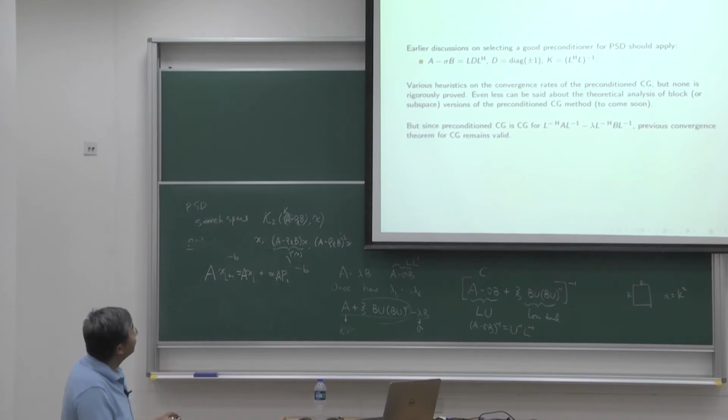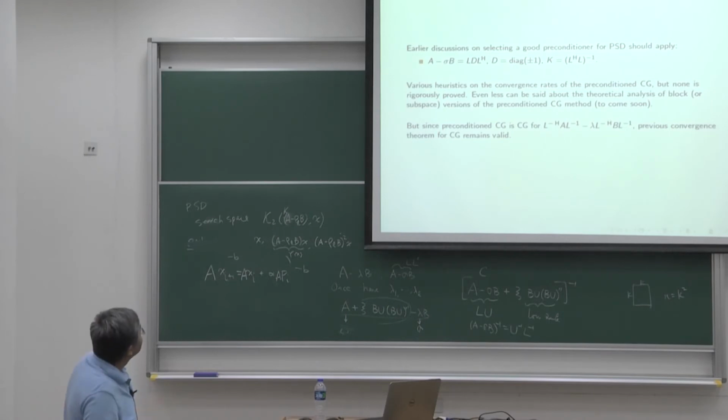In the SD case, one option is an incomplete decomposition, where you make K equal to L H L inverse. Another is, in the LD case, that if A minus sigma B is positive definite, you can just use the inverse of that. Then you can do a CG.